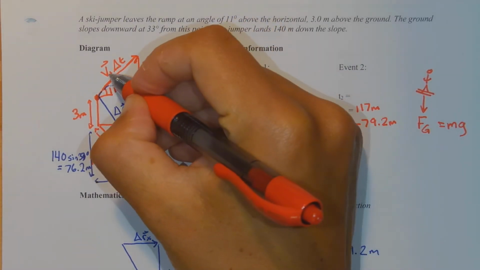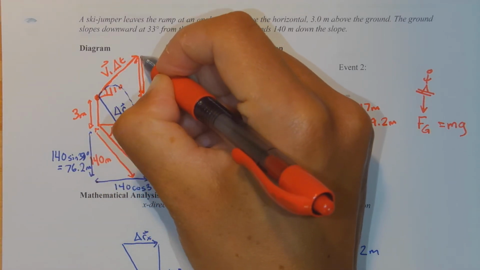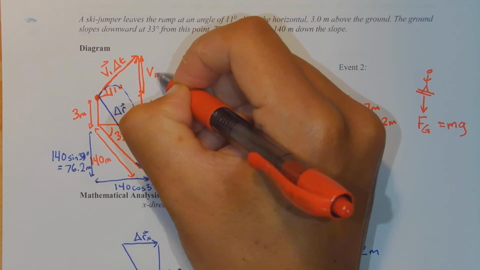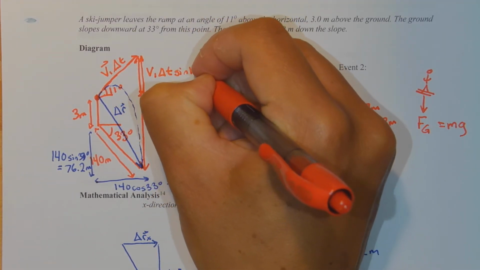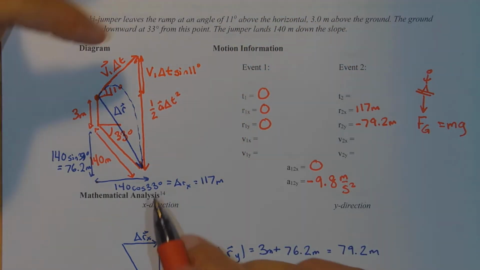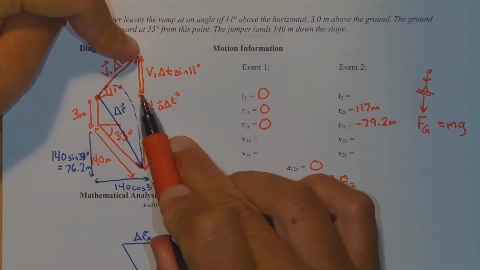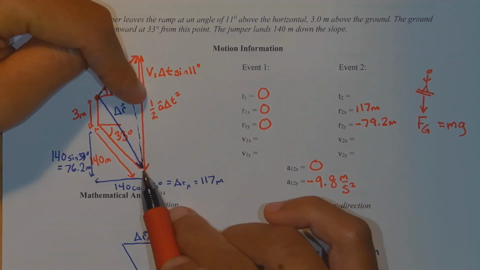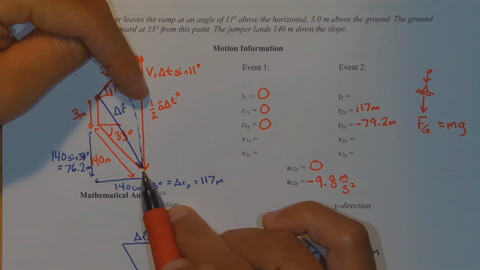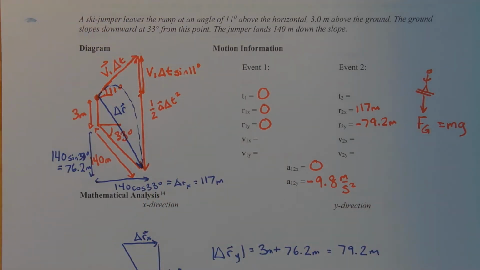In the y direction, v1 delta t, if you look at the y component, this would be v1 delta t times sine of 11 degrees compared to this vector here. So if I take the magnitude of this y component of the initial velocity times delta t and add to it this distance from here to here, which is 76.2, that gives me the entire distance, which is 1/2 the acceleration times delta t squared.